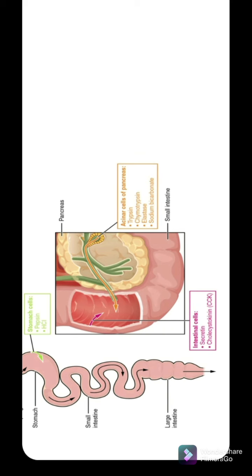There is a transporter, the sodium amino acid transporter, which transports the amino acids into the bloodstream. And the nitrogen waste liberated in this process is converted into urea in the urea cycle.